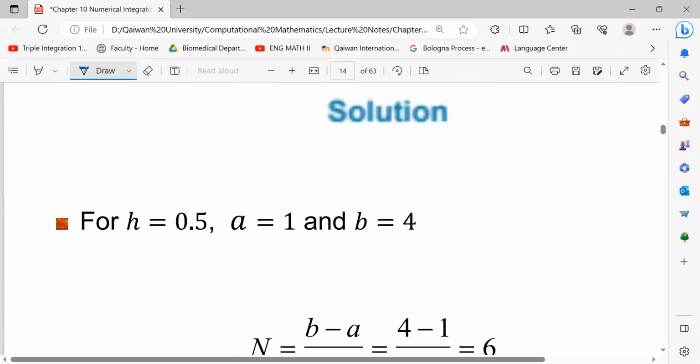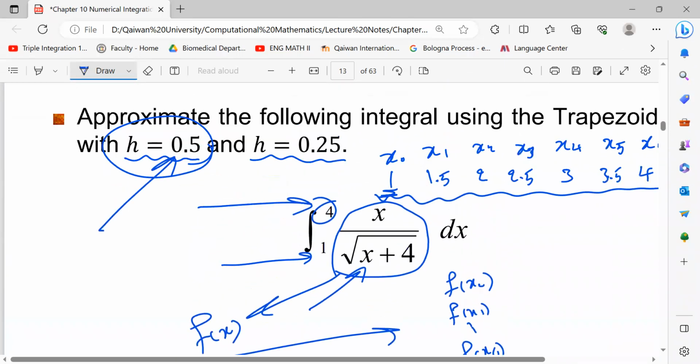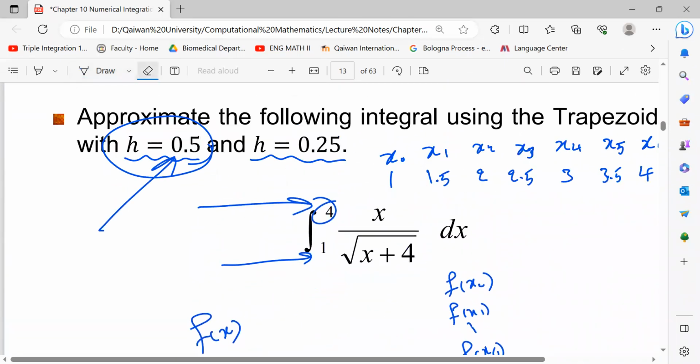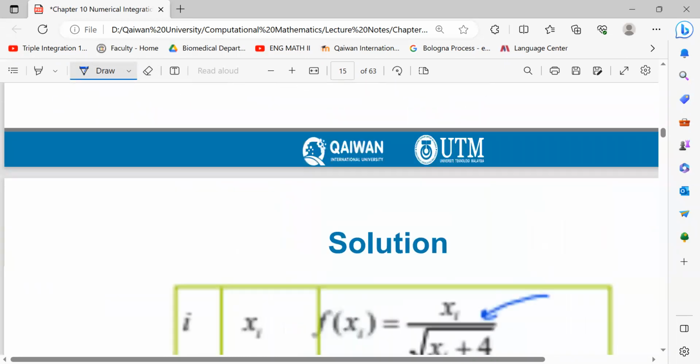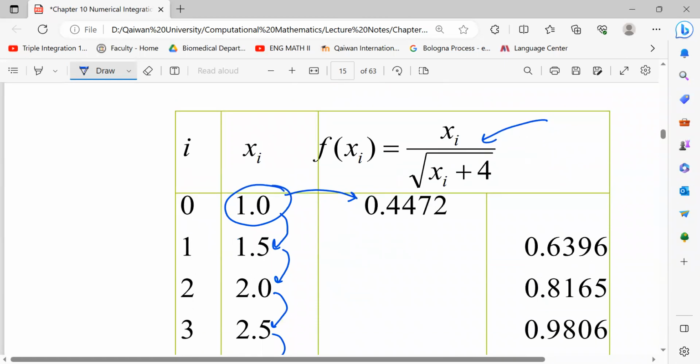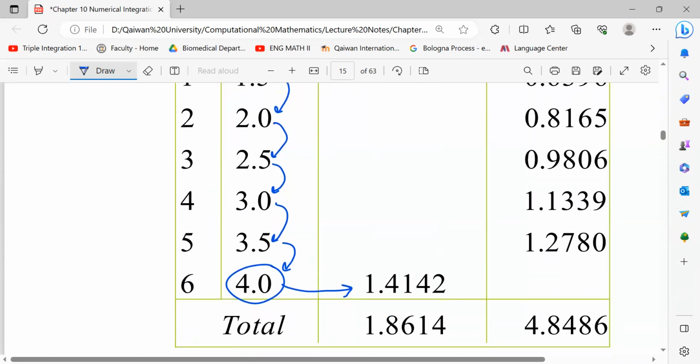This is the function which is in the integration, this is f of x. We evaluate all the x values into this function. This is f of x0, and this is f of xn.